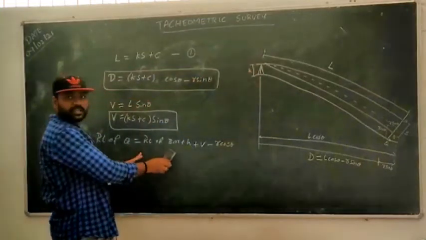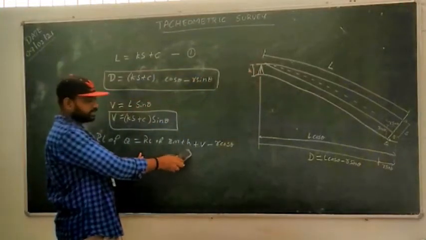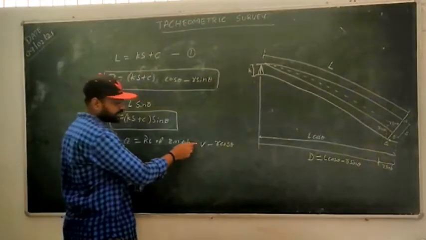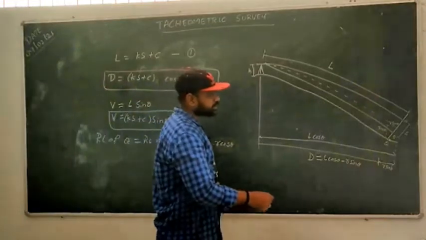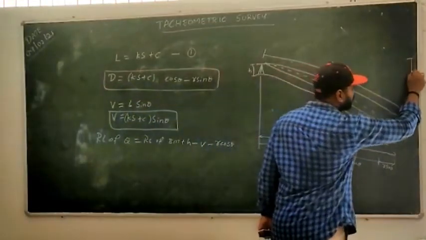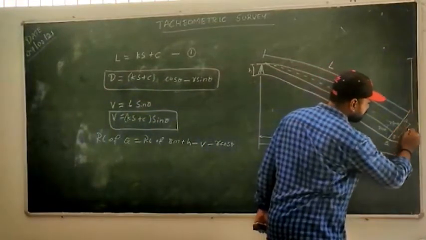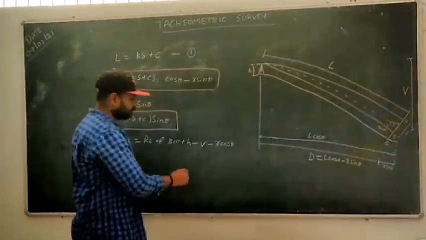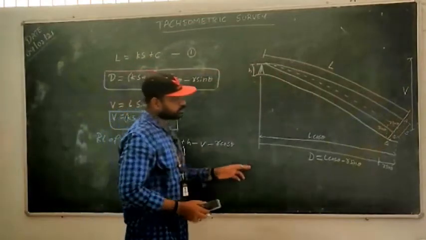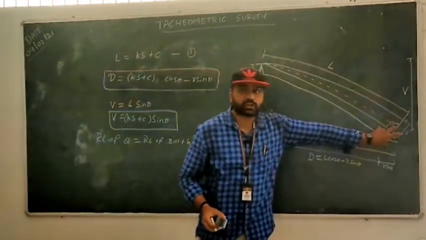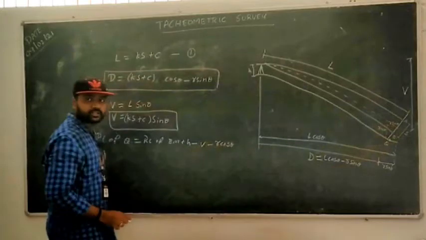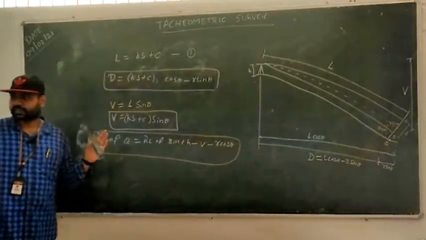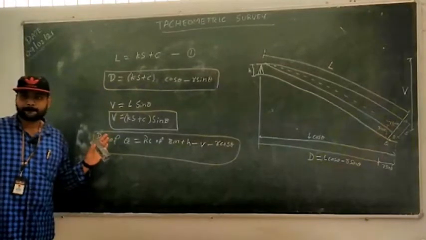So RL of benchmark plus h, then instead of plus V we put minus V, because it's a depression. V is coming from the line of sight down to here. So minus V, and minus r cos theta. This will be the final equation for RL of Q. So you got the difference, right? Is it simple?